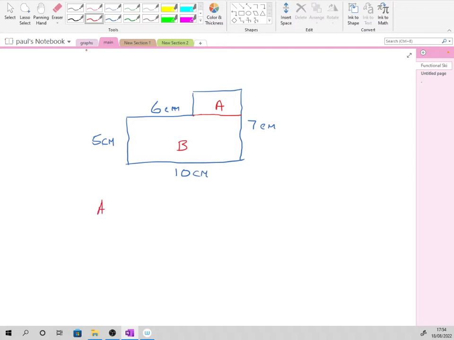Now for the area of A, we've got two adjacent sides, but we haven't really got any information on this little bit alone, but we can work it out, because if that's 10 all the way across and that bit is 6, this bit must be 4. And if this is 7 from top to bottom and that bit is 5, this bit must be the difference between 5 and 7, which is 2 centimeters.